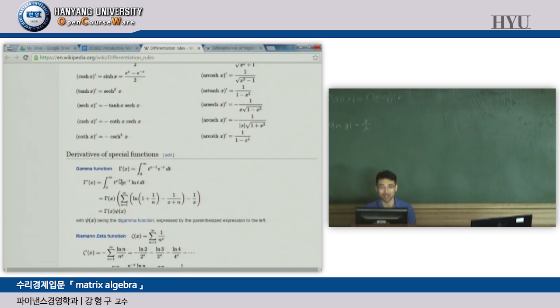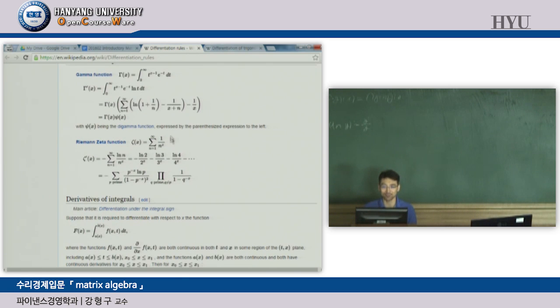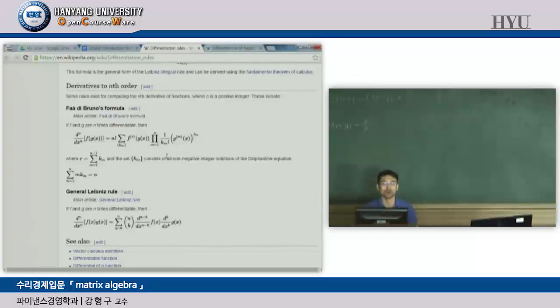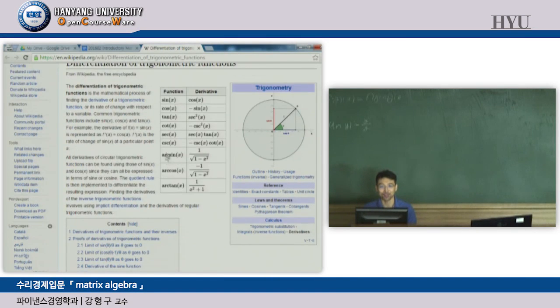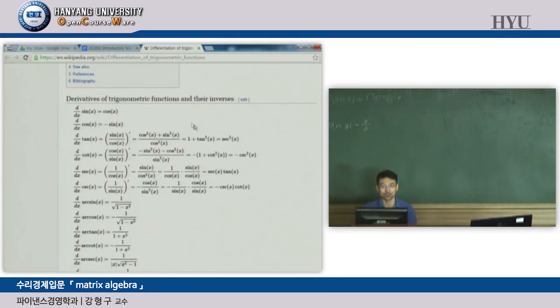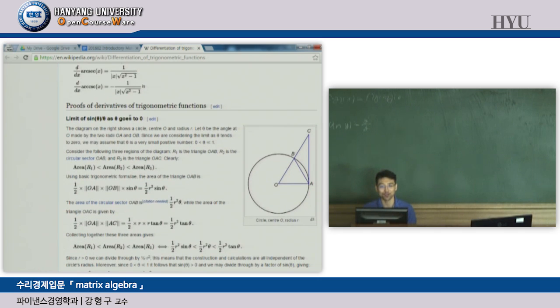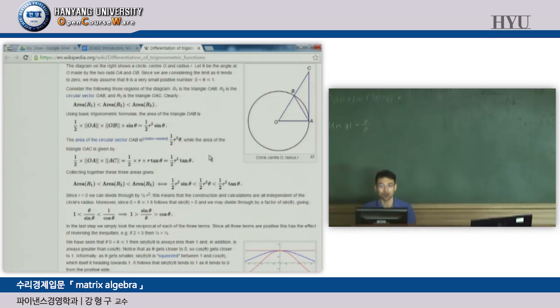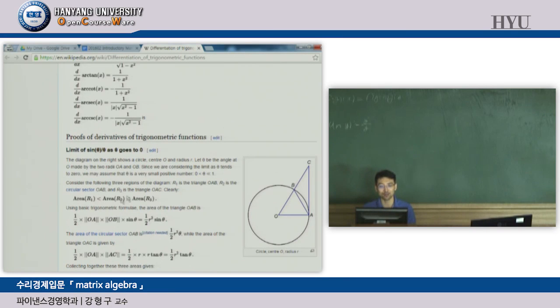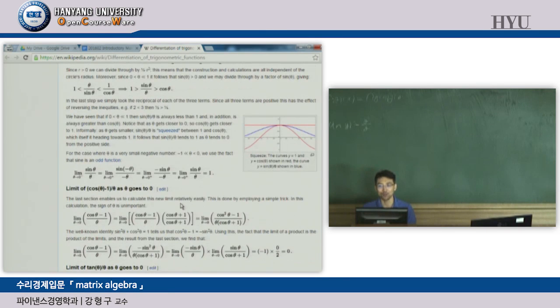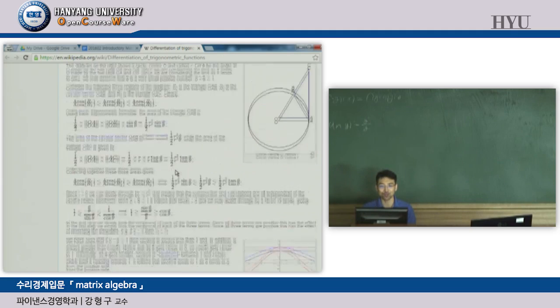And the special functions, gamma function, Riemann zeta function, you don't need them at this point. Then the differentiation of sine and cosine, and the proof. There is actually a geometric proof. There are other ways to prove that the derivative of sine x is cosine x, so if you are interested, you can look at the proof.